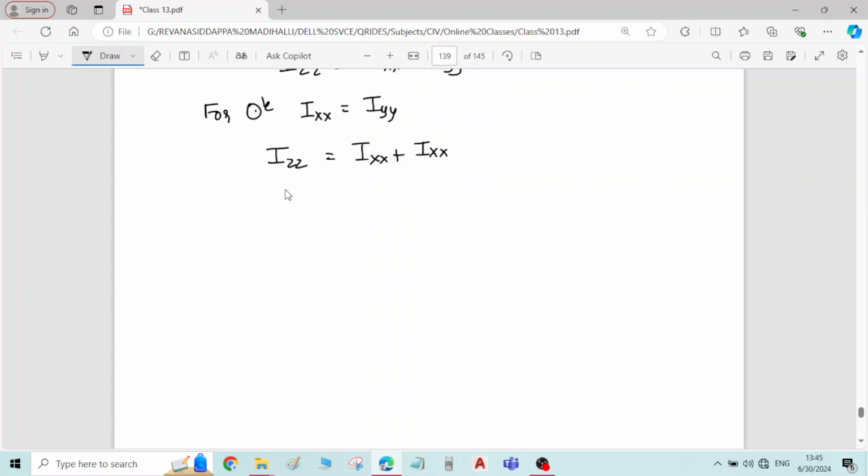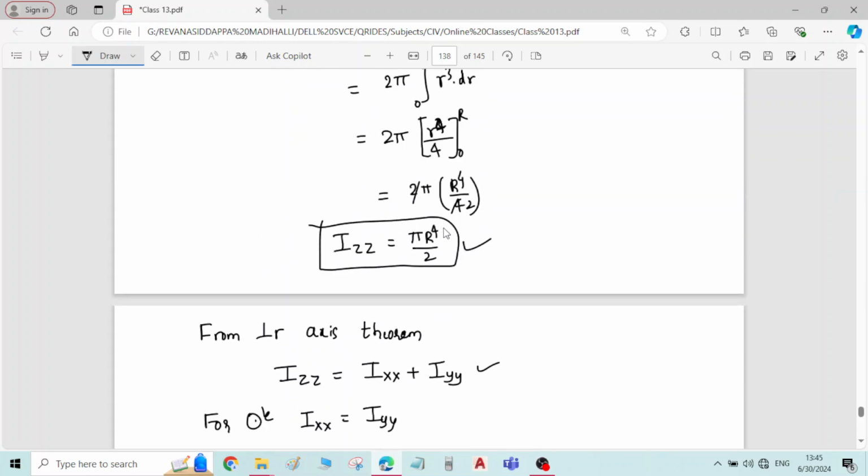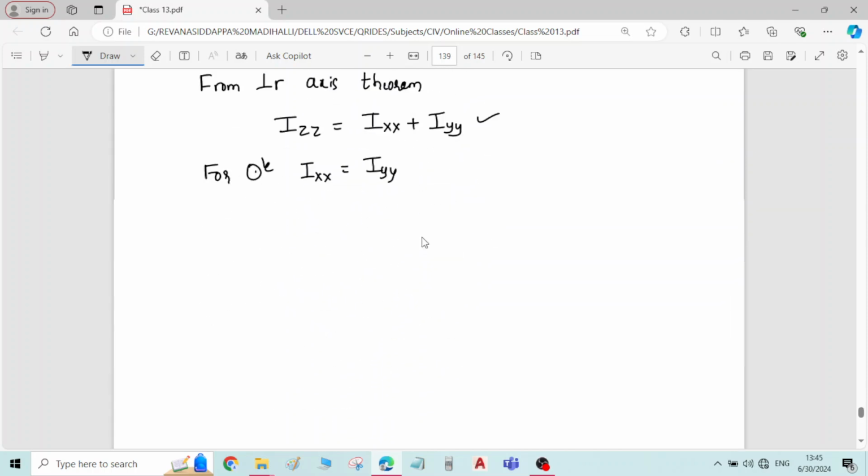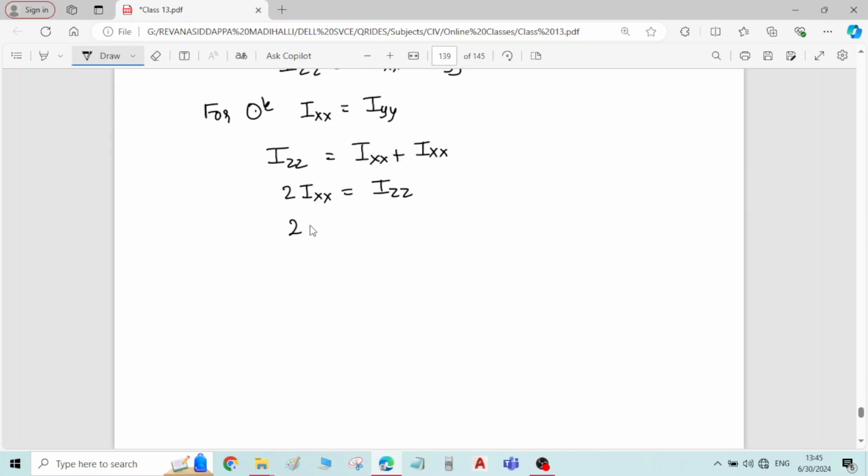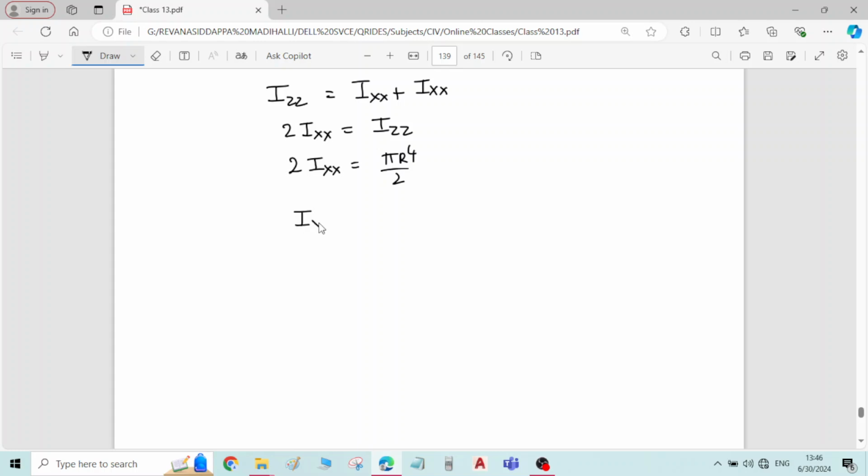Therefore 2Ixx is equal to Izz. You know the equation for Izz, that is pi r raised to 4 by 2, so substitute. Therefore 2Ixx is equal to pi r raised to 4 divided by 2, and the moment of inertia about the x-axis is pi r raised to 4 by 4.